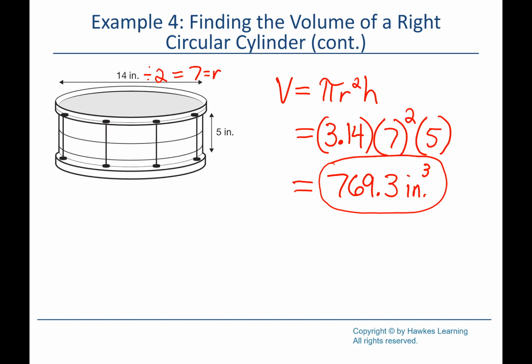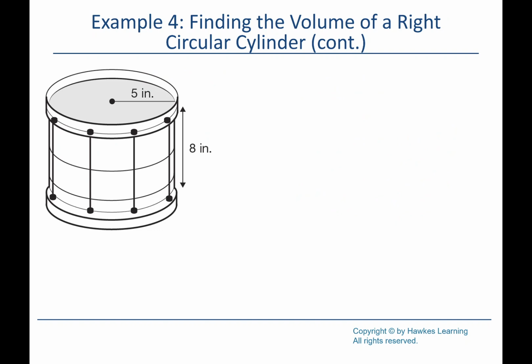And then part B, same idea. We're still going to have a cylinder, right? Because we've got the same basic shape. Their dimensions are just a little different. On this one, it does give us R. So the radius on this drum is 5.